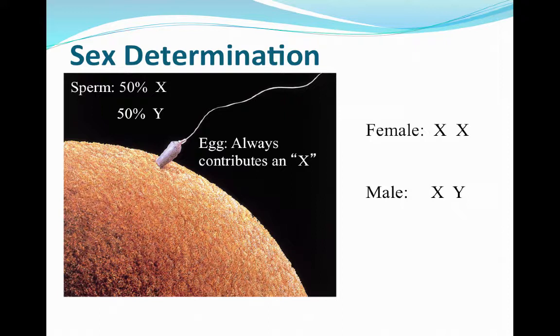This links back to the type of sex determination system called XX-XY. Just keep in mind that the male is the individual that determines the sex of the offspring, because the female can only pass on an X chromosome. The male has the ability to pass on either an X or a Y chromosome.